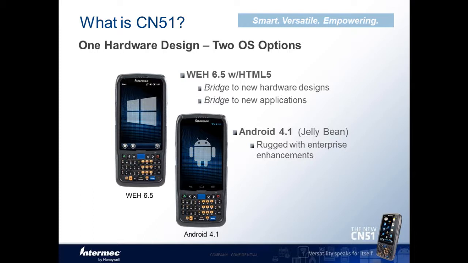In addition, customers can choose Windows Embedded Handheld 6.5 and continue to run their existing applications written for that OS, add HTML5 applications for new functionality and capabilities, and then convert their CN51 to Android 4.1 at their location sometime in the future should they choose to switch to Android.